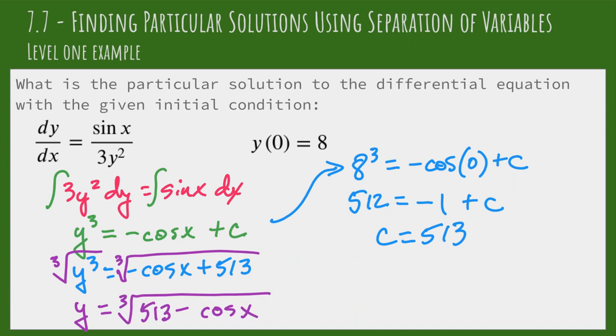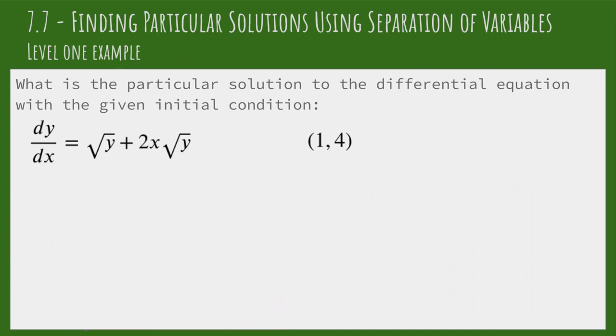The inside is actually always positive because cosine is somewhere between negative 1 and positive 1, meaning that the entire inside of that radical is somewhere between 512 and 514. So really no problems there. So no restrictions we need to make, no problems with discontinuity with cosine, so we're good on that one.